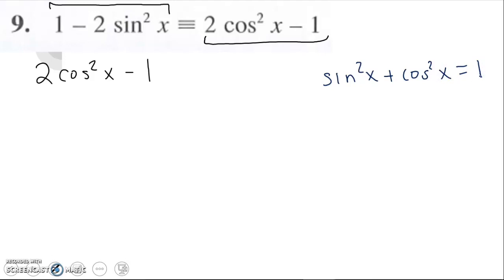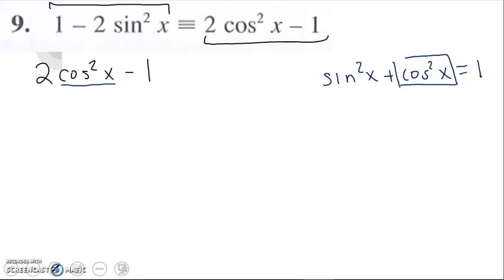That identity you should know already. Now, how can I use that to my advantage? Since I have cos squared x already here, I can say, hey, maybe I'm onto something. Let me see what cos squared x is actually equal to, and that way I can replace it and maybe get what my left side actually needs.